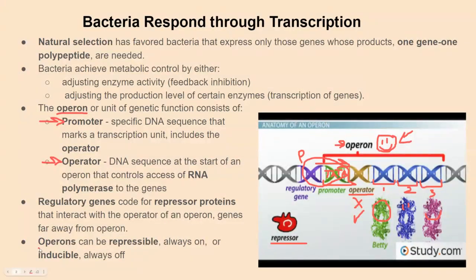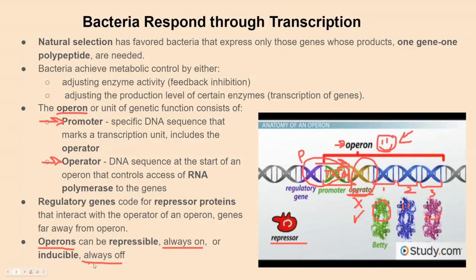Now, these operons, this operator area, it can either be turned on or off, meaning it is either always on or always off. If it is always on, that means that polymerase will continue to make copies of these genes indefinitely, unless it is turned off. That means it is repressible.